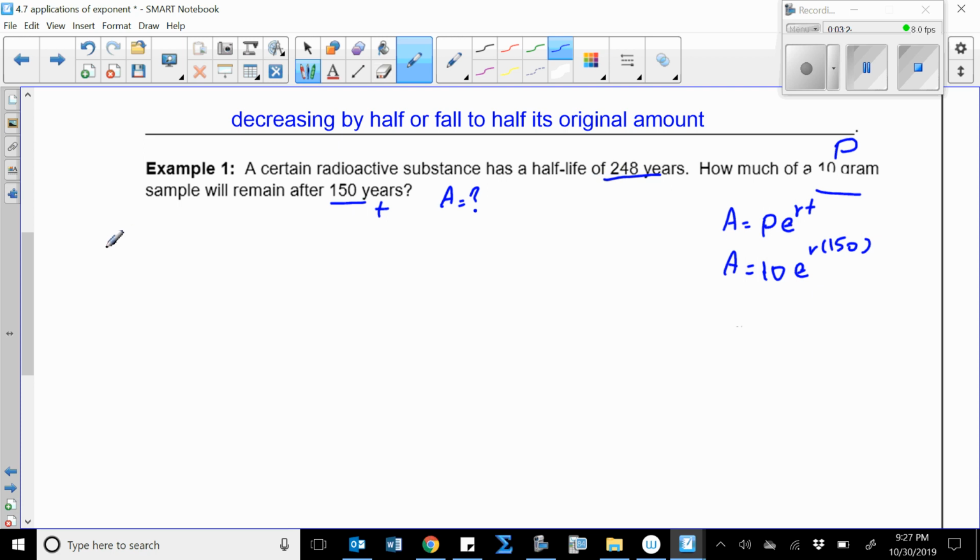So I'm going to use the same formula again, A equal to P e to the power of rt. But this time, because it says half-life, that means the time it takes for this substance to reach half of it. So let's say the initial amount was 2. Because the initial amount is not given, you can choose any number as your initial amount, but make sure your final amount is half of it.